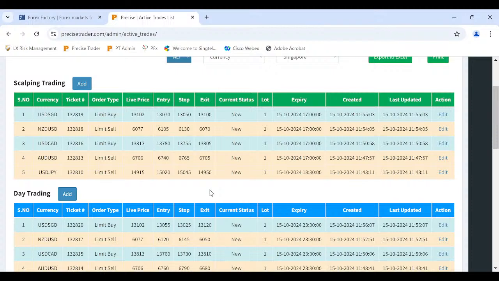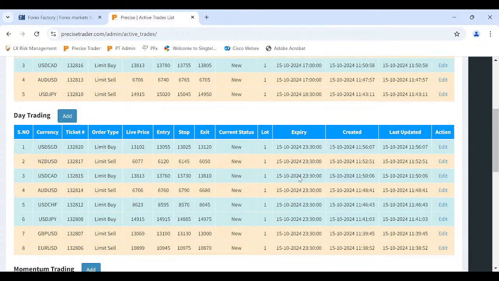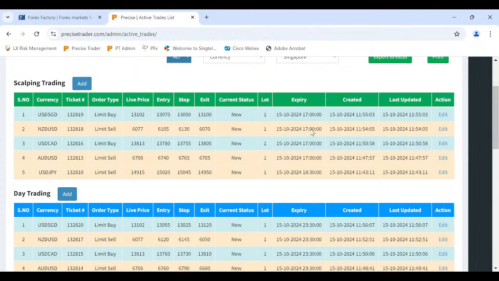For scalping, we have a couple of entries which we have given: dollar Sing trying to buy at 30.70, New Zealand dollar trying to sell, dollar cat trying to buy, Aussie dollar trying to sell, and dollar yen trying to sell. I think the expiry is 5 o'clock.